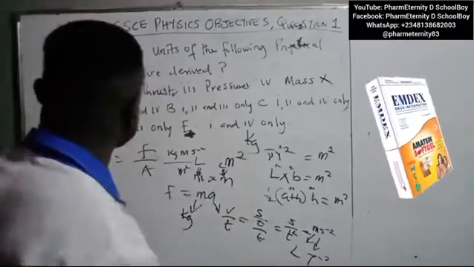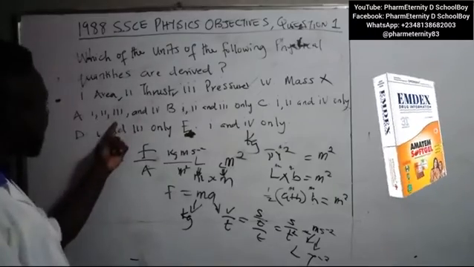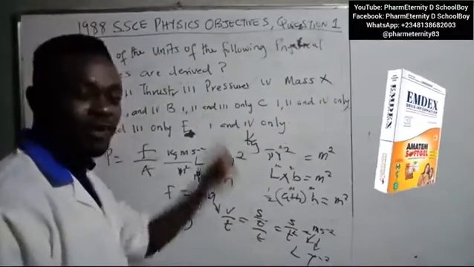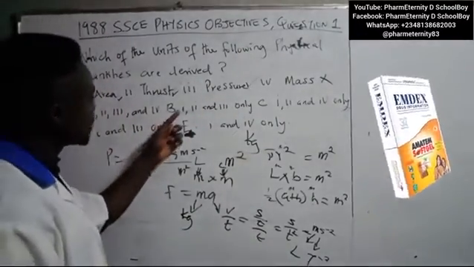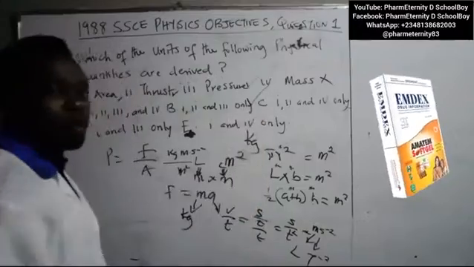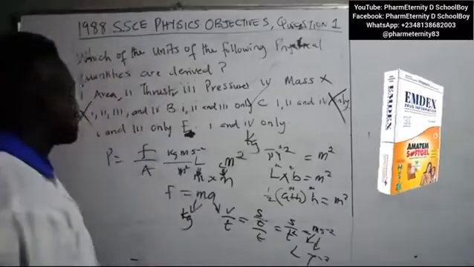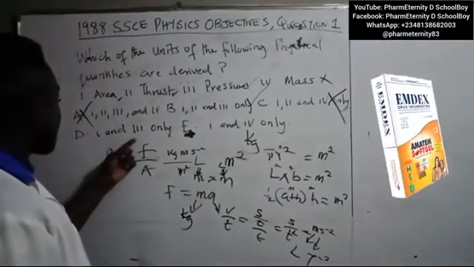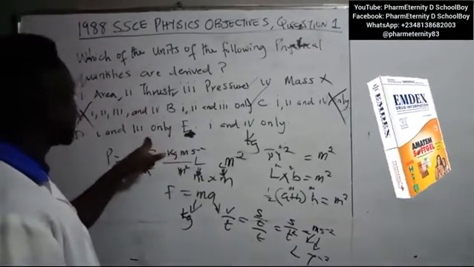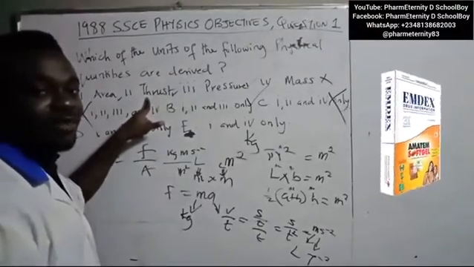So let's look at the options. Option A says I, II, III, IV. No, this is not the answer because mass is not a derived quantity. Mass is a fundamental quantity. Now B says I, II, III. I'll take this. Let's check the other options. C has IV, so this renders the answer useless. D says I and II only. I and II are correct, but they are not the only ones. III is also a derived quantity, so I will not take this.